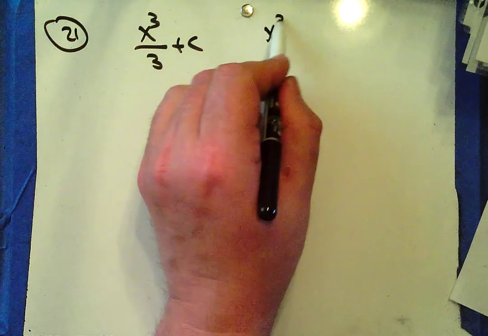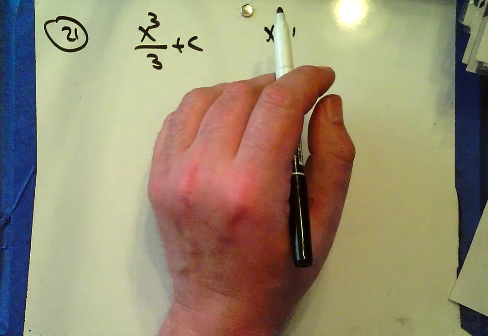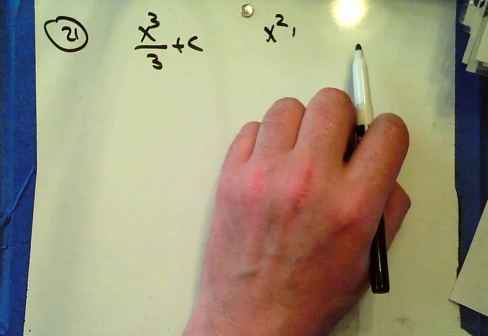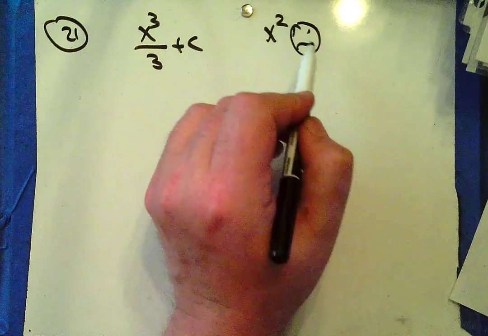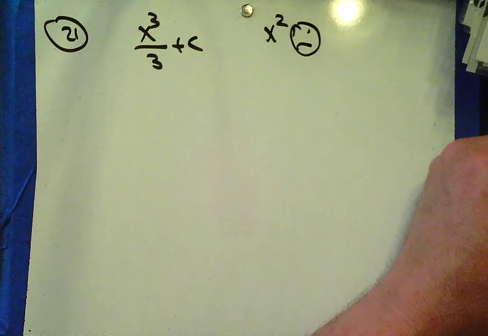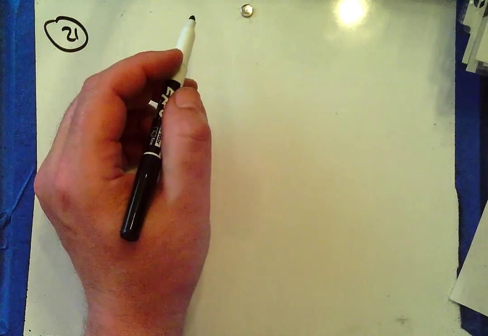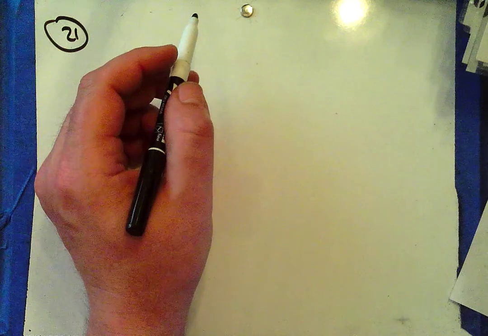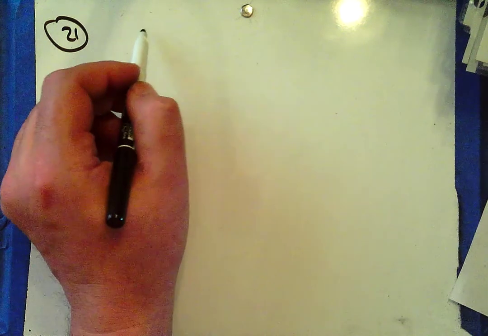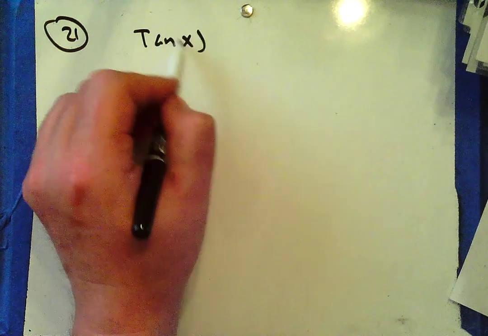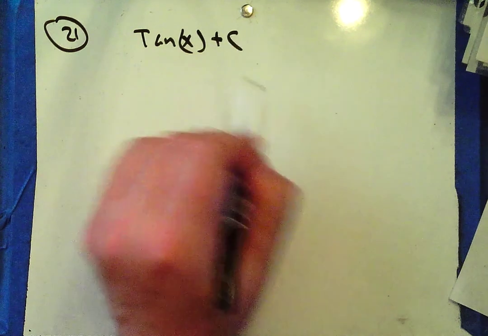X squared. And I don't see x squared. So, boo-hoo me. Oh, those look like vertical asymptotes, don't they? That looks like tangent that I'm looking at.